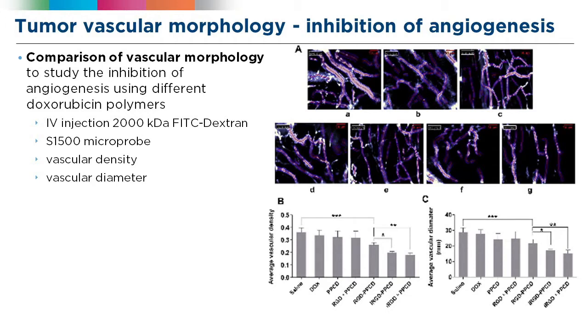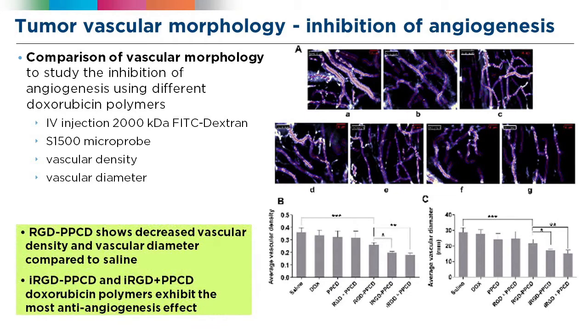How about the effect on angiogenesis, on the morphology of the tumor vasculature? So to do so, they compared again the vascular morphology of different mouse models that were administered the different types of treatments. To do so, they injected FITC-dextran and looked at vascular density and vascular diameter.